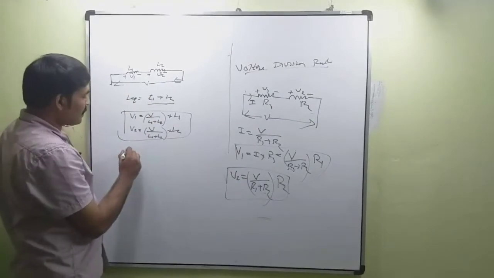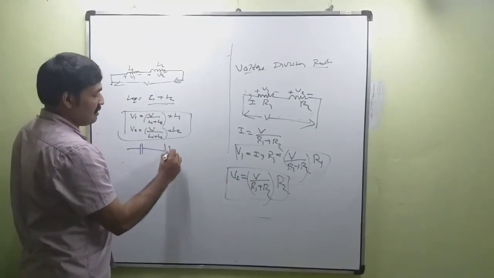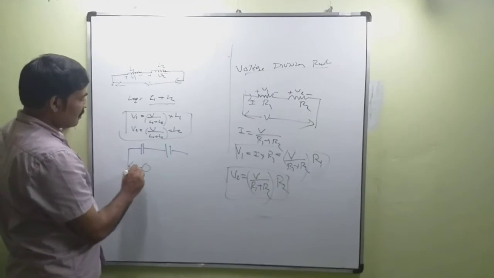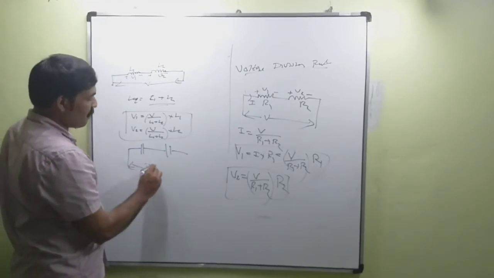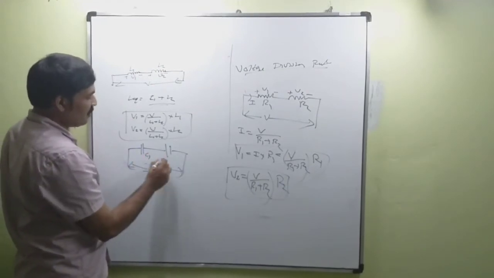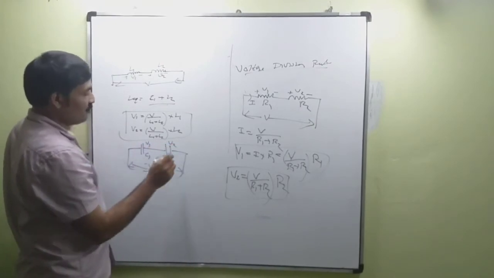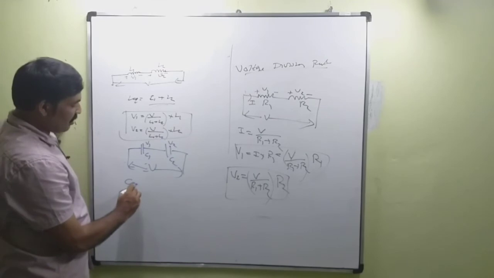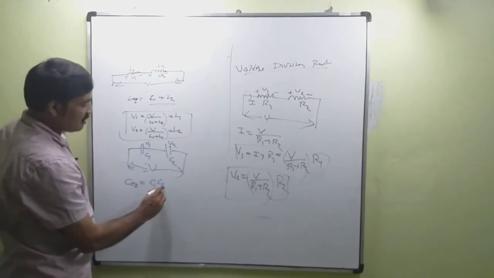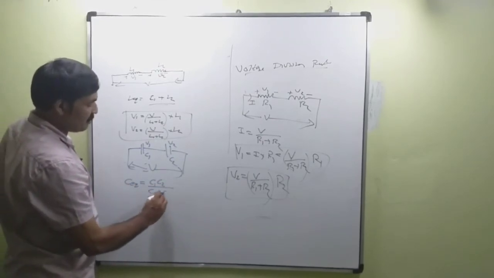When capacitances are connected in series, let V be the applied voltage, with C1 and C2, and let the voltages be V1 and V2. The equivalent capacitance C is equal to C1 C2 divided by C1 plus C2.